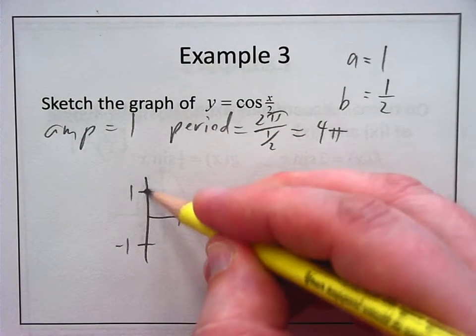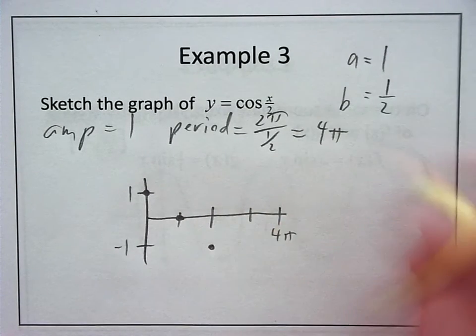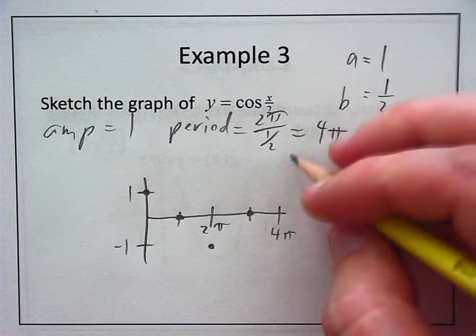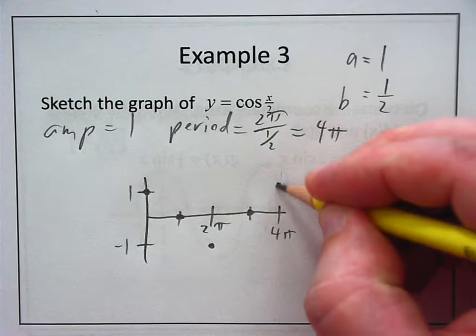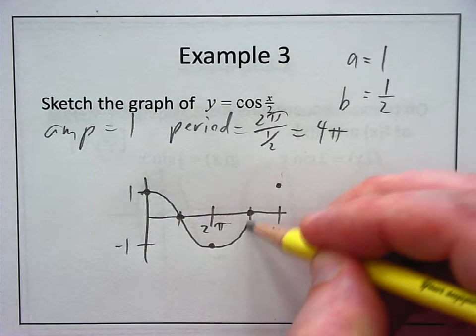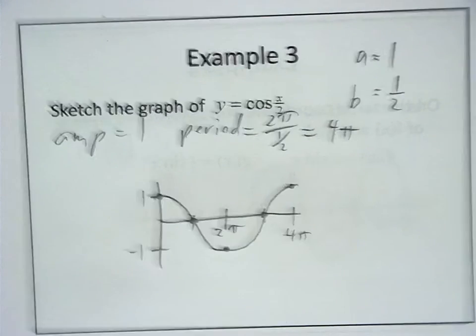So I'm going to start up at 1. It's going to hit 0 as it crosses through, and then bottom out at 2 pi. It's going to hit a 0 again at 3 pi, and then top off at 4 pi. And then just draw your curve. Okay? So the section pretty much comes down to that.